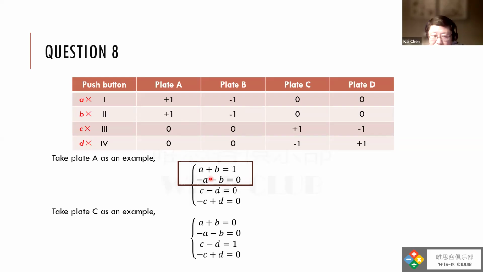The other way around, if the second equation is met, A plus B should be 0, so the first equation is not met. The same if we take place C as an example. So basically, they contradict each other, and we don't have a solution for these equations, meaning that for this complex oven, we don't have an answer.